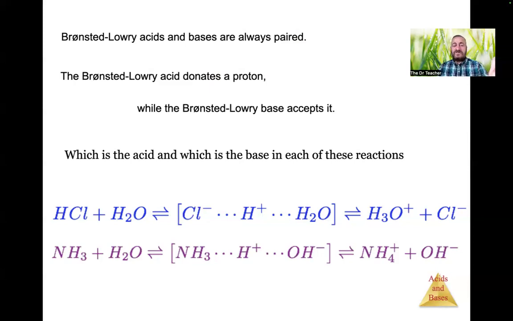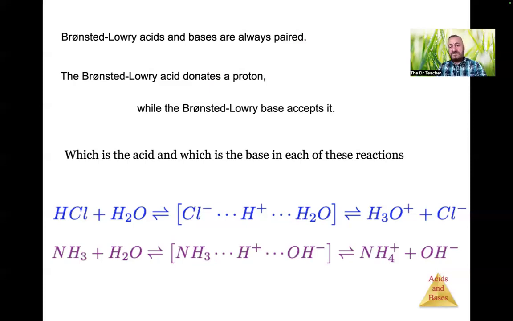Okay, so we started with HCl. So what is HCl? HCl already has an H, so it's hydrochloric acid. It means hydrochloric acid is an acid and the water here is a base. Okay, we come to the ammonia, NH3.